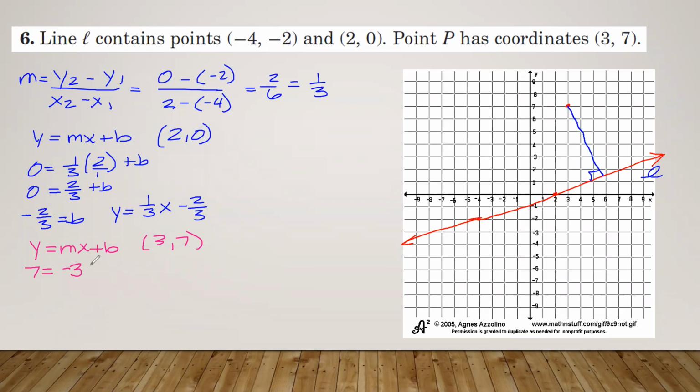And for x, I'm using 3 from the point, plus b. So I end up with 7 equals -9 plus b. I add 9 to both sides, and 16 is equal to b. So my equation of that line is y equals -3x plus 16.